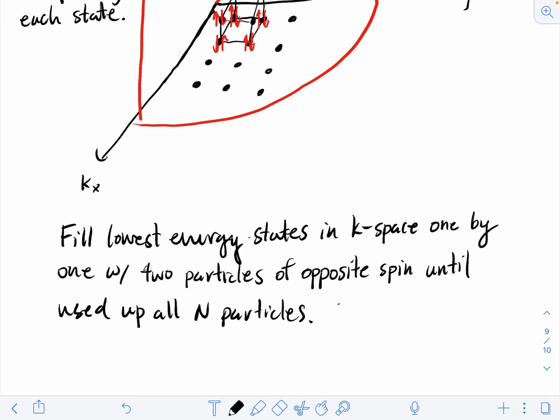This process will form 1/8 of a sphere, which we could call the Fermi sphere.